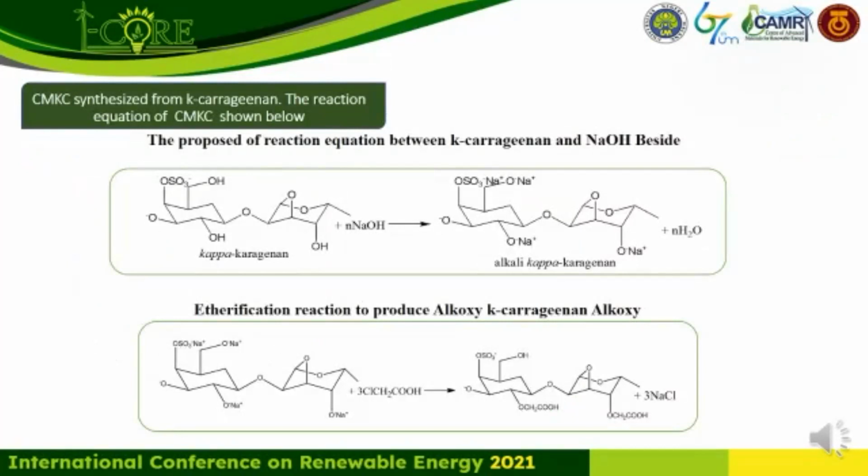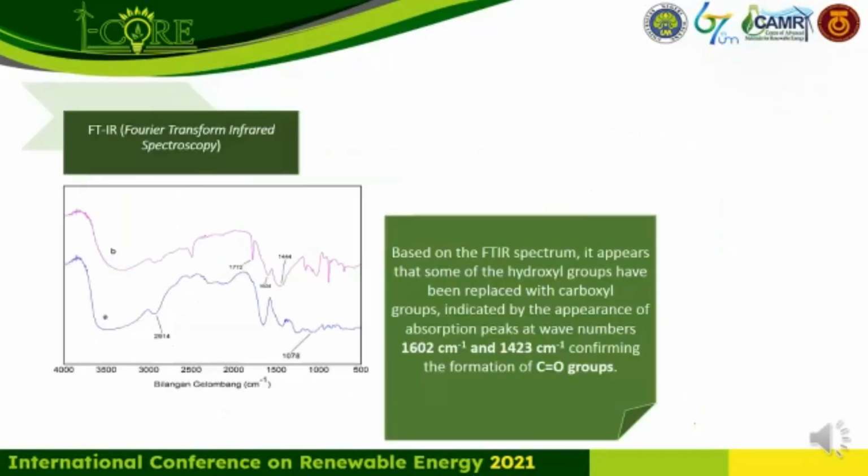Carboxymethyl kappa carrageenan is synthesized from kappa carrageenan; the reaction equation of carboxymethyl kappa carrageenan is shown below. Fourier transform infrared spectroscopy.